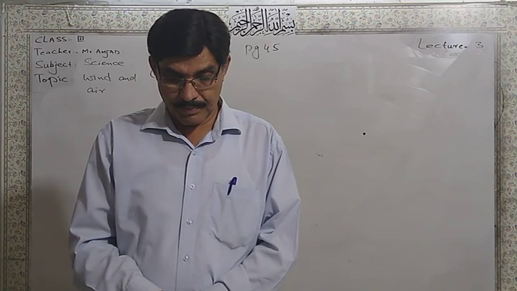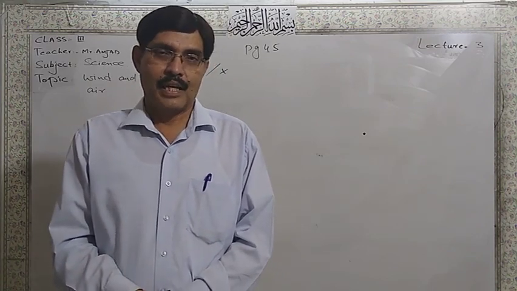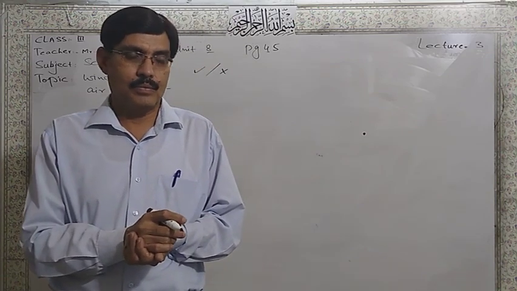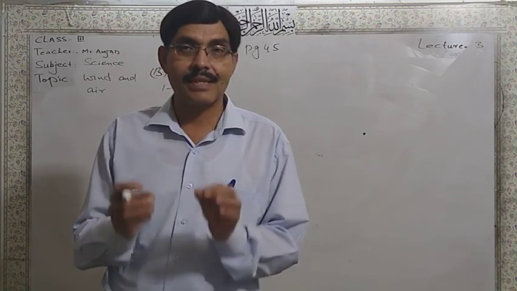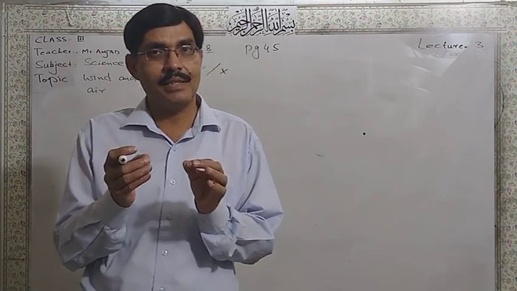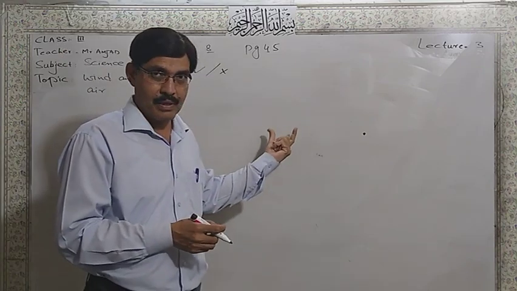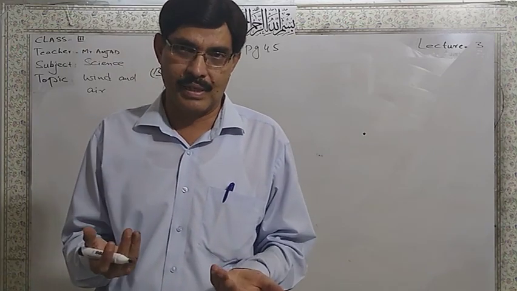Carbon dioxide is the most important gas present in the air. If you read this chapter carefully, we came to know that oxygen is the most important gas in our atmosphere. Without oxygen, we can't live on the surface of the earth.